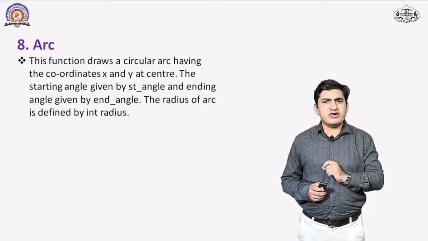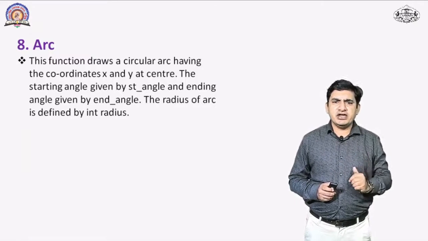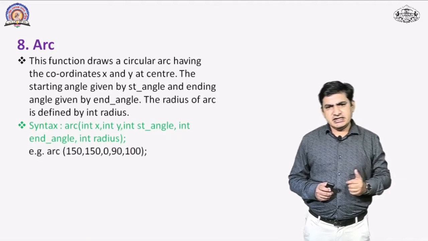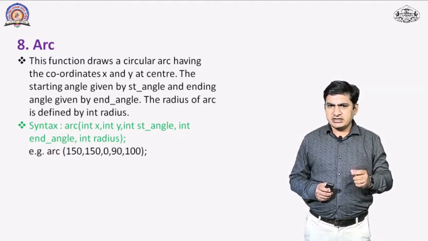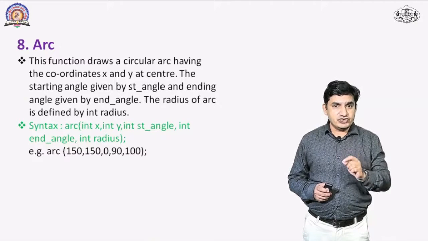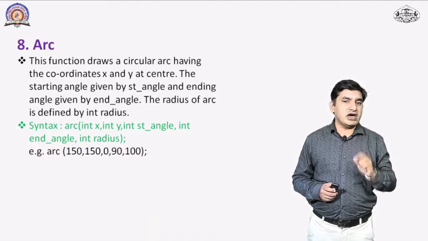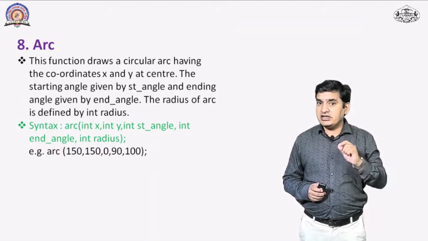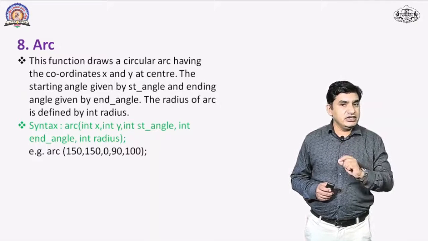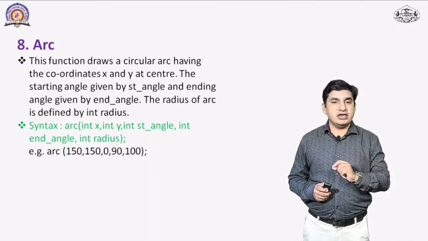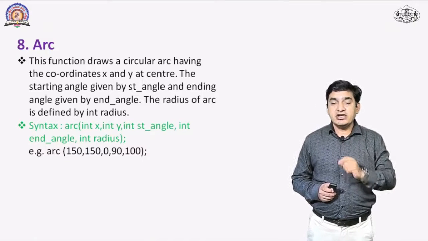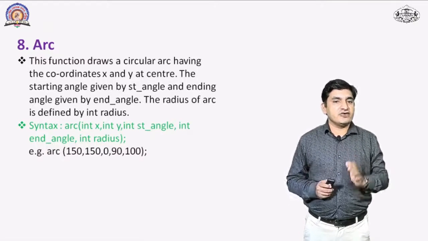The radius of the arc is defined by integer radius. The syntax is arc(integer x, integer y, integer st_angle, integer end_angle, integer radius). Integer x and integer y give the center of the arc. Then integer st_angle is the starting angle, integer end_angle is the end angle, and integer radius gives the radius of the arc.